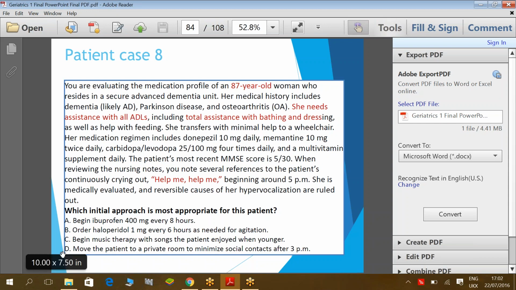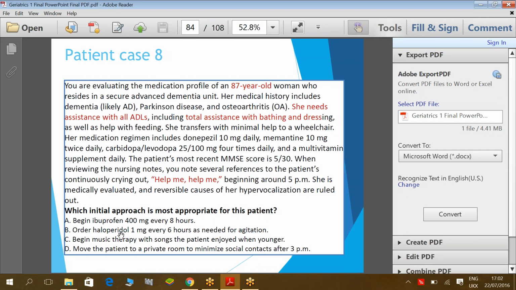Why didn't we choose D? Moving her to a private room, because we say that communication is very important. I can't put my patient in isolation. So here it's very important that the answer will be C. I don't tend to give an antipsychotic except if the patient is showing behavioral symptoms which can harm her or harm the people around her.